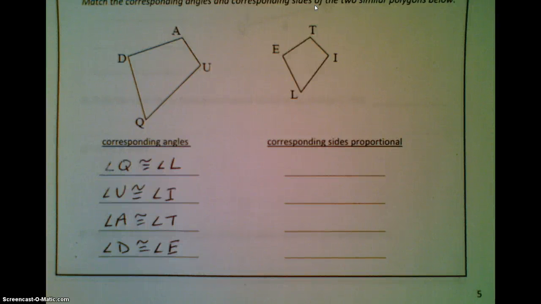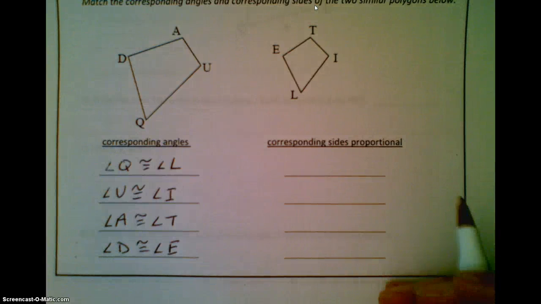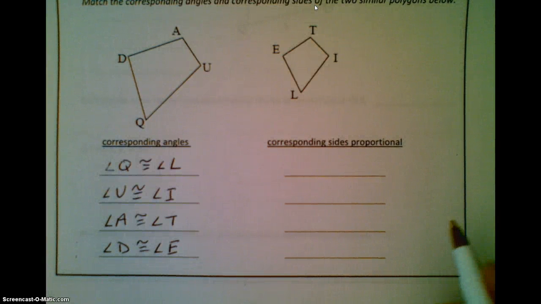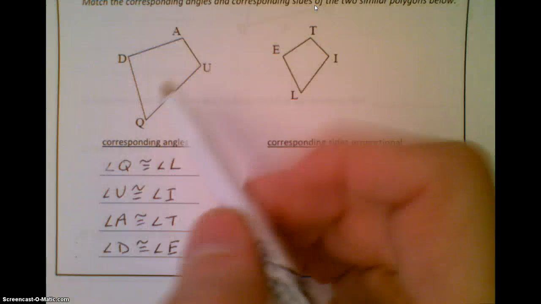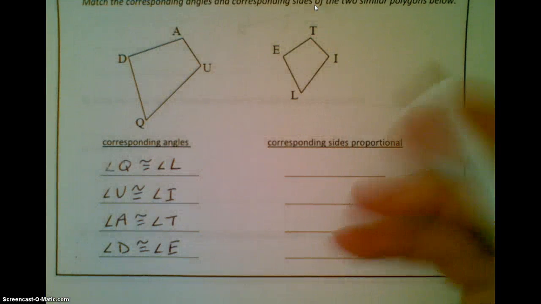Alright, next we want to talk about the corresponding sides being proportional. And again, we're not talking about the sides being equal, we're talking about making fractions. So the first pair of sides I want to look at are QU and LI.